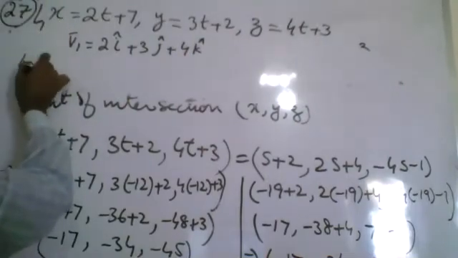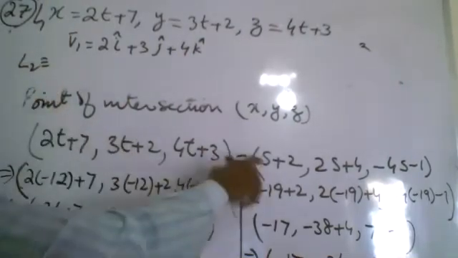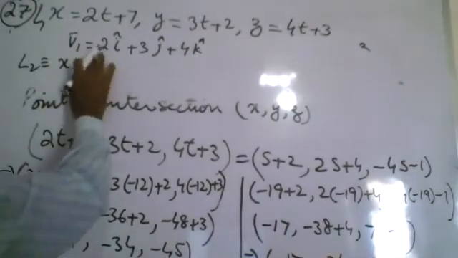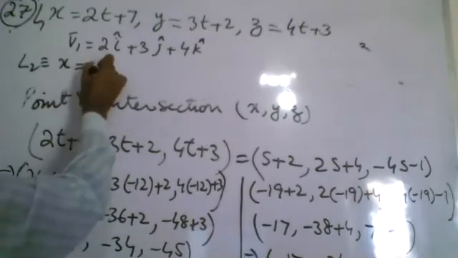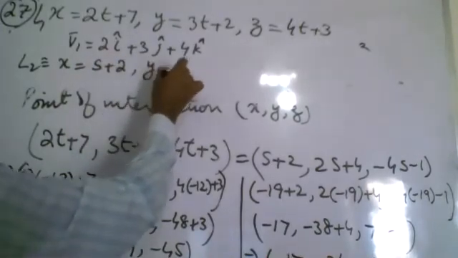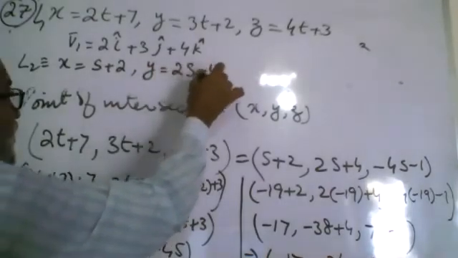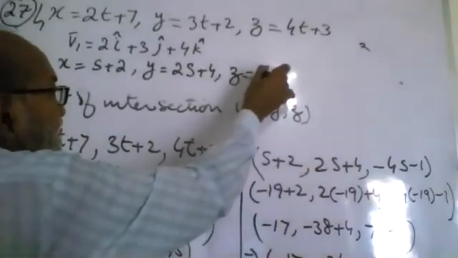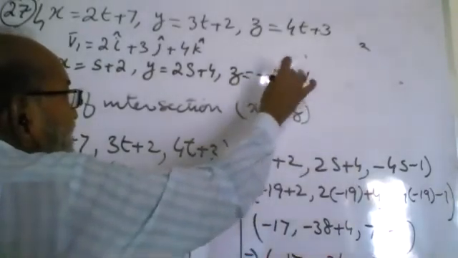Now L2: x is equal to s plus 2, y is equal to 2s plus 4, and z is equal to minus 4s minus 1.